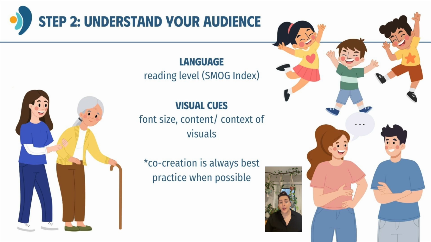And so what I recommend to really understand your audience is to consider co-creation. And what I mean by that is engage with somebody who is from the population that you're trying to communicate with. You can do this by providing them stipends, or if you're already working with an existing group, having this lay committee or a committee of individuals that can review your content before it gets sent out can be extremely important.